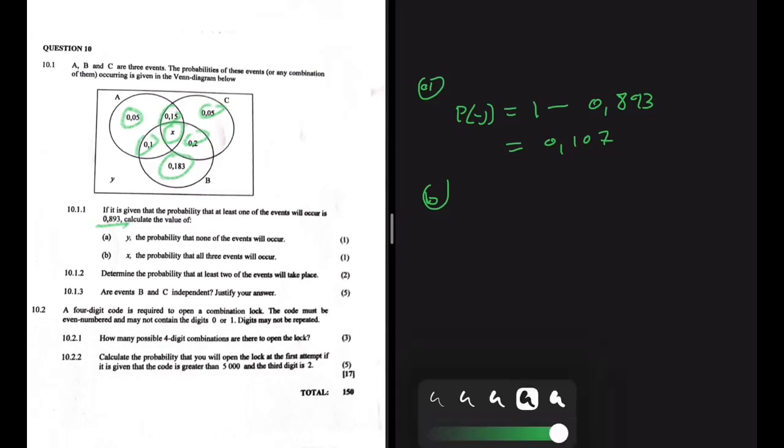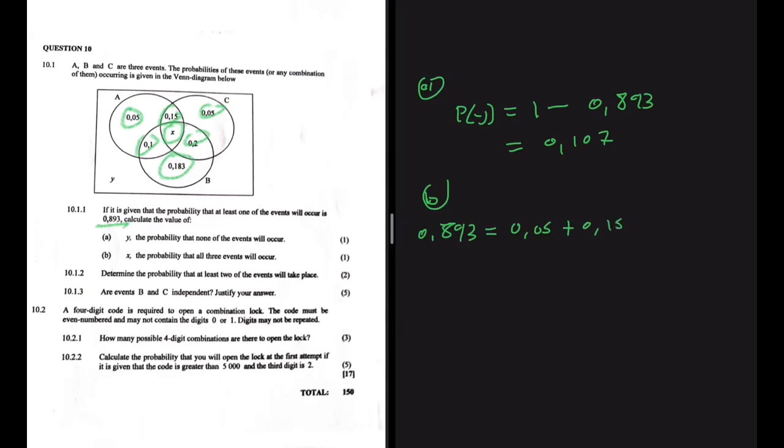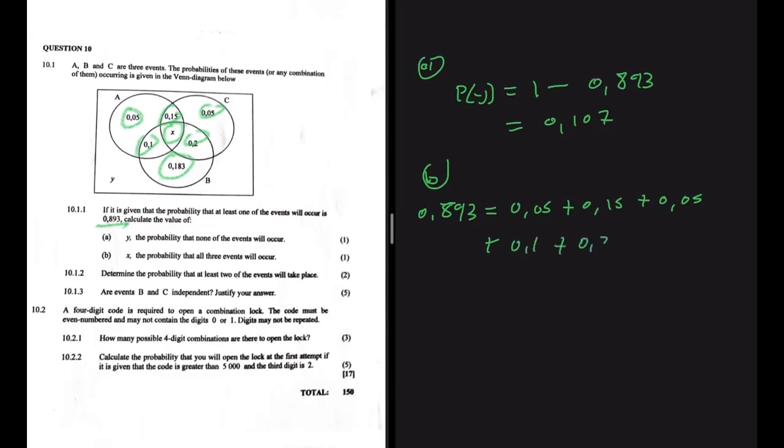So all these probabilities that we see here should be equal to 0.893, right? So if we do that, we're going to get 0.893 being equal to 0.05 plus 0.15 plus 0.05 plus again 0.1, 0.2, and 0.183 plus x. So now we're just solving for x, the probability that all three events occur.